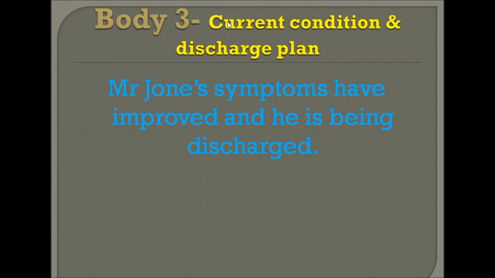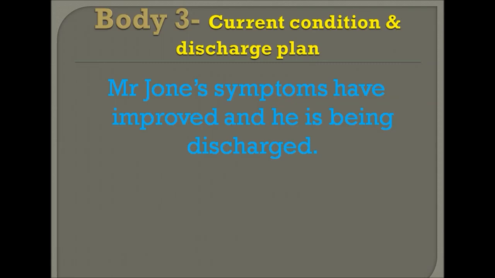So in body 3, the third paragraph of the body of the letter, you will write the current condition and discharge plan. You have done everything during the hospitalization in paragraph 2. So in body paragraph 3 you will write what is the current condition of the patient after your treatment, after your procedure, after your operation, and what you are planning for the patient.